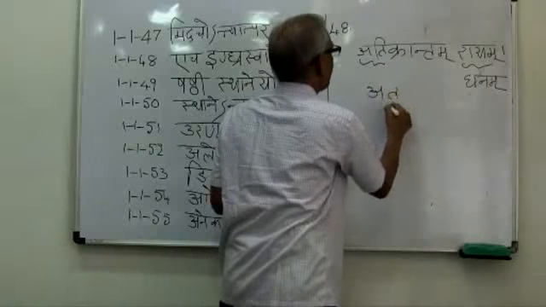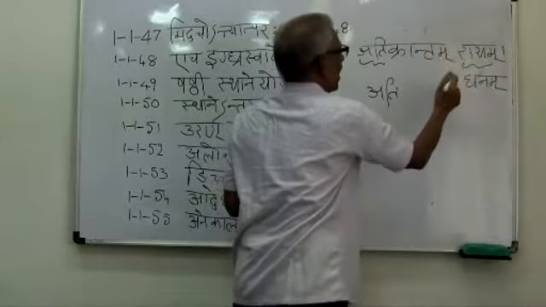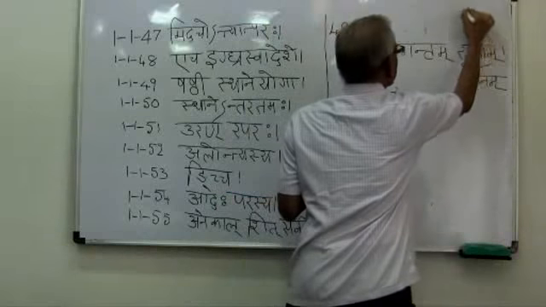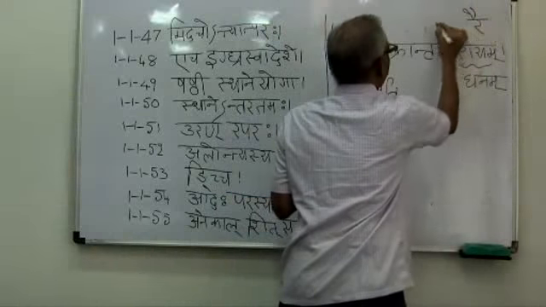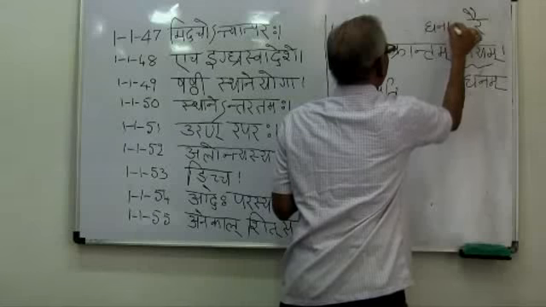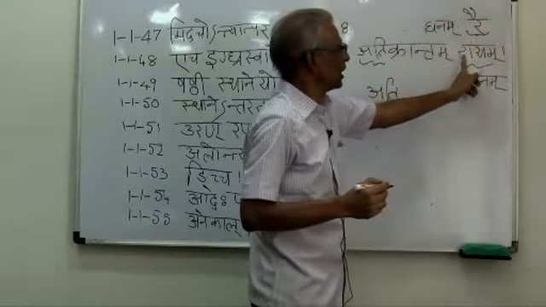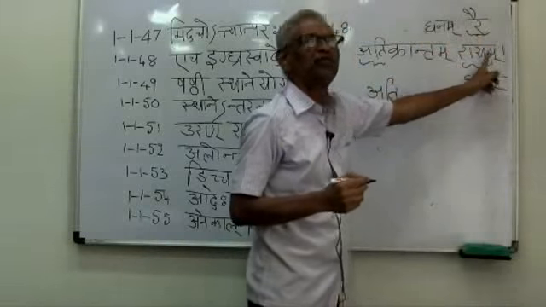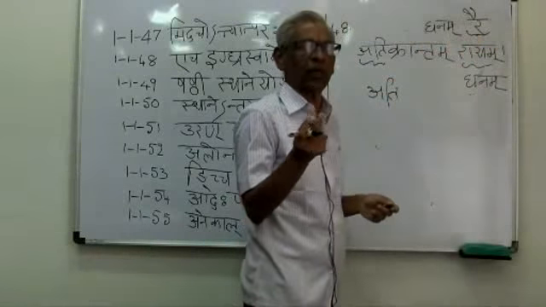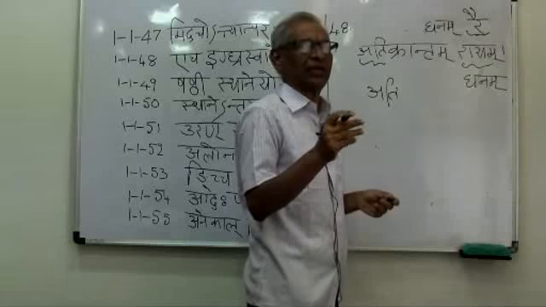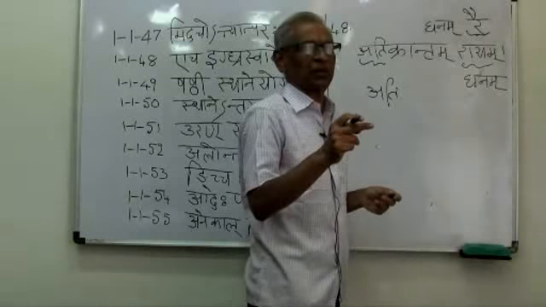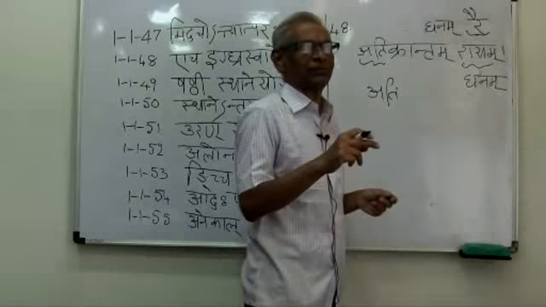The samasa will be ati and this rayam. Rayam is actually from rai shabdaha. Rai means dhanam. This word rayam is the form in dvitiya. Dhanam, that is dvitiya, riches, not prathama, dvitiya.